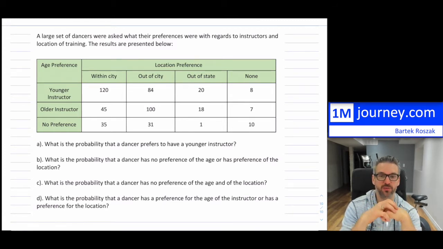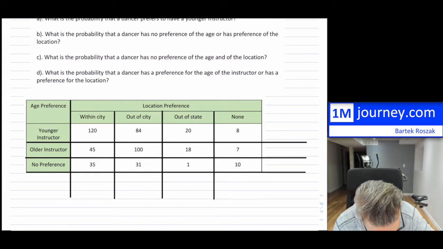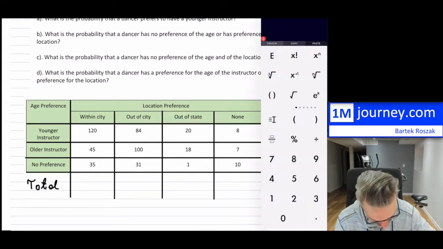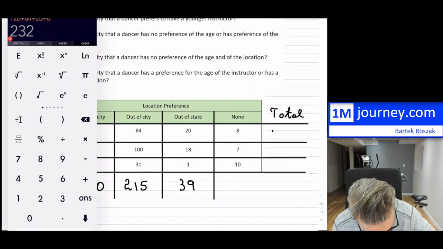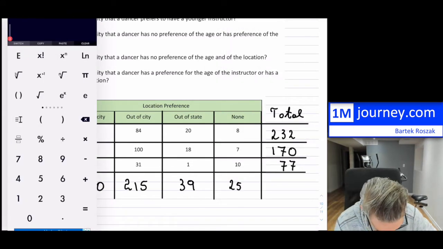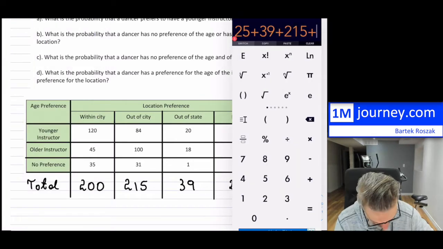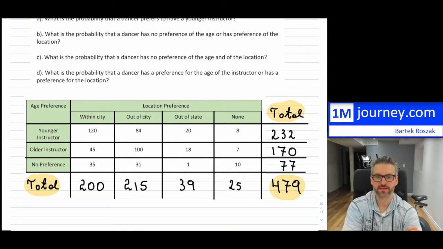Now, with contingency tables, it's always nice to add up all the columns and rows. So I'm going to start that before I start answering these questions. Let me do that in fast forward mode here for you. All right, so I summed everything up for us.